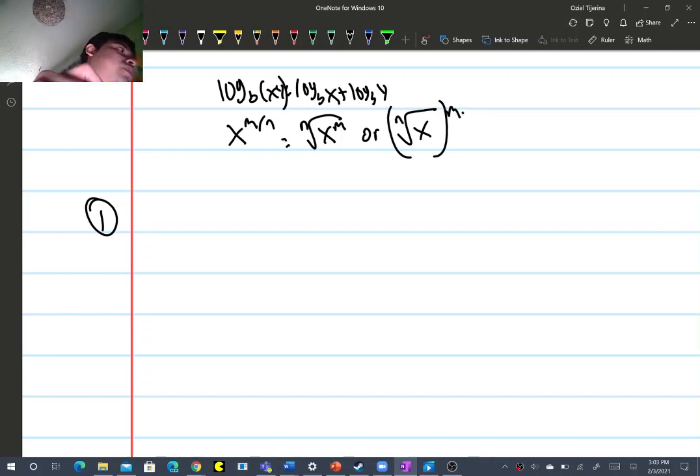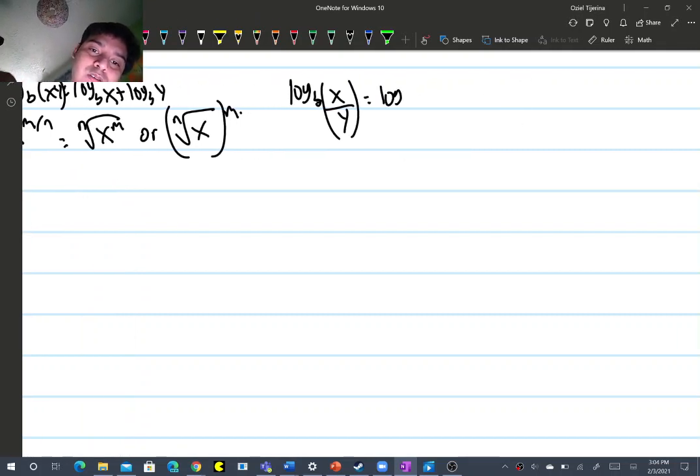Those are the main rules that I would definitely remember. Also, log base b of x over y equals log base b of x minus log base b of y.